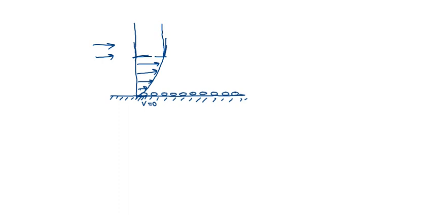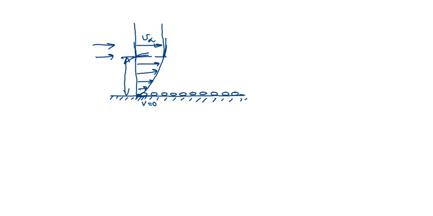This is the thickness of the velocity boundary layer, or hydrodynamic boundary layer, whatever you say. After that the velocity is almost the free stream velocity, which we represent by u infinity. But before that the velocity is gradually increasing, and at this location the velocity is 0 because the plate is stationary.